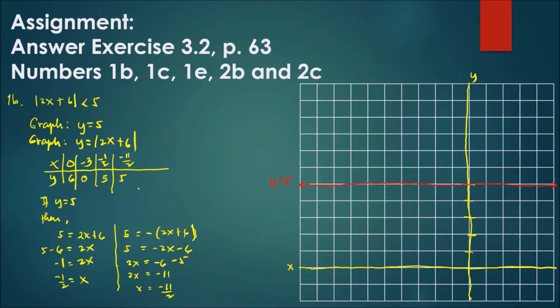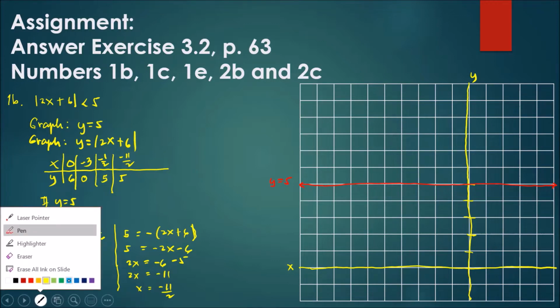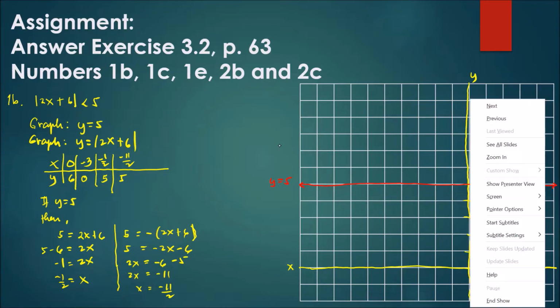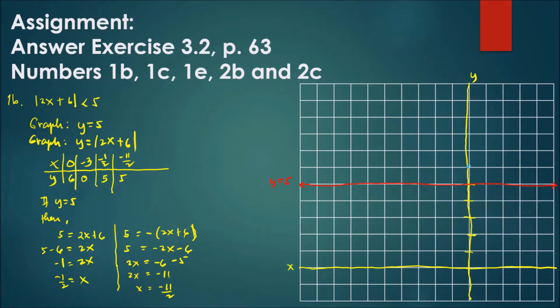So we can now graph. Let me use another color. So we have 0, 6. So 0, 6 is on the y-axis. So 1, 2, 3, 4, 5, 6. Then we have negative 3, 0.